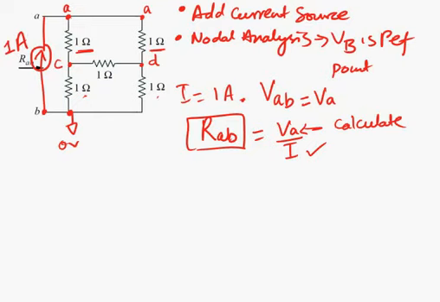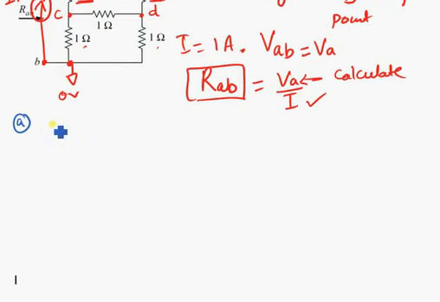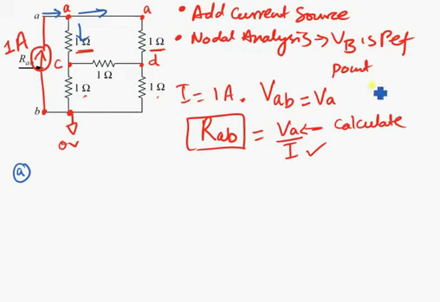Okay, so let's start out by doing a nodal analysis at node A. Using Kirchhoff's current law, the sum of the current coming into a node is equal to the sum of the current going out of the node. So at node A, VA minus VC divided by 1 ohm plus VA minus VD divided by 1 ohm is equal to the 1 amp current coming in.